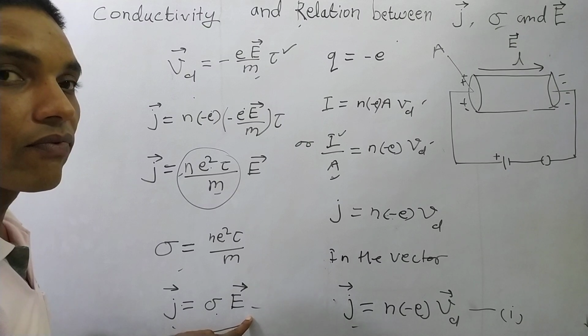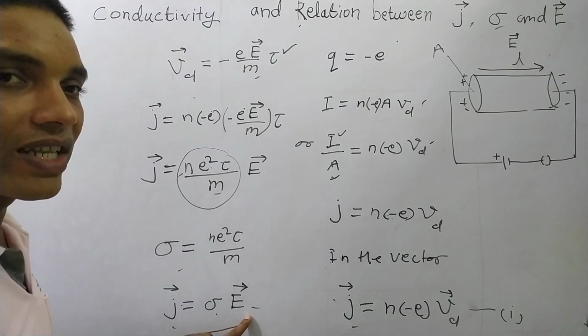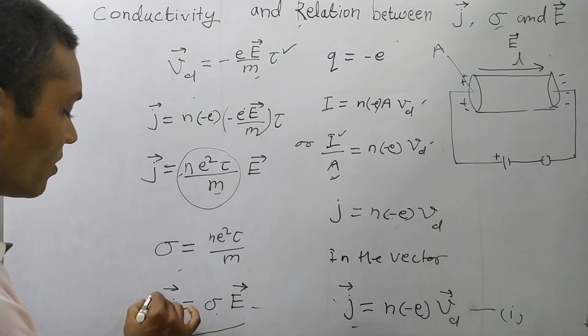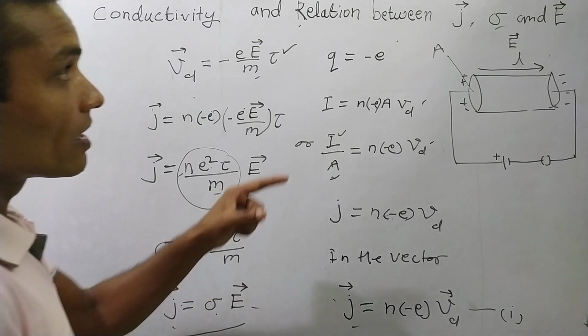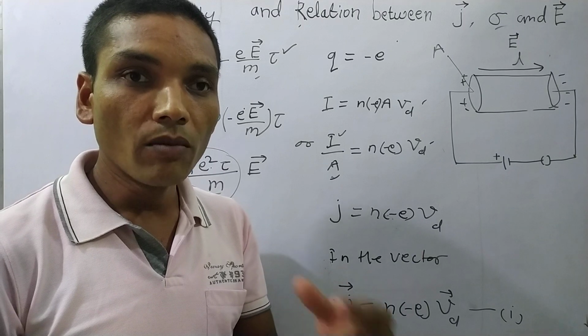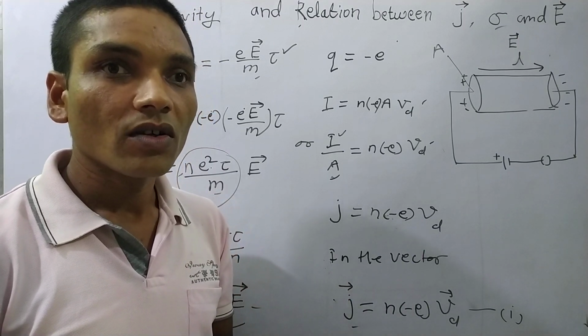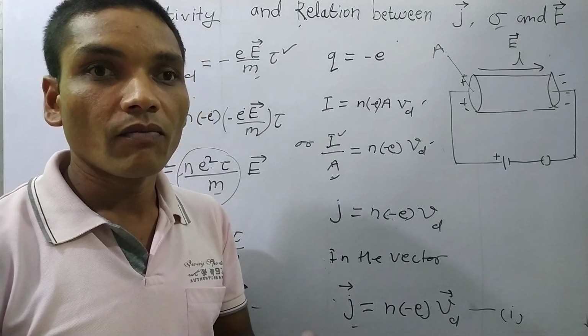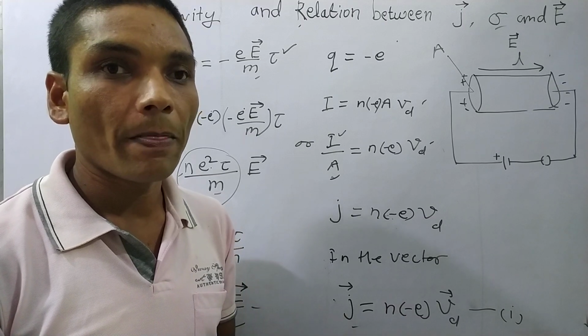This relation is called the vector form of Ohm's law, or the microscopic form of Ohm's law.